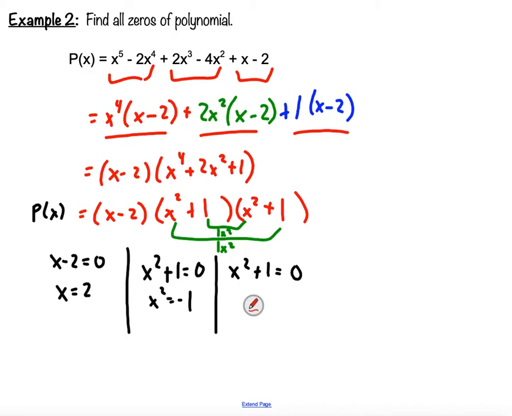I have to go ahead now and take the square root of both sides. I'm not going to forget my plus or minus on the outside. And the square root of -1, what's the value of that? Oh yeah, i. And then don't forget, that's the same as over here.